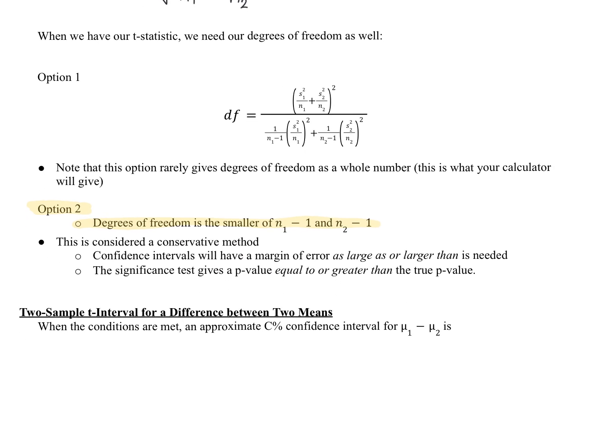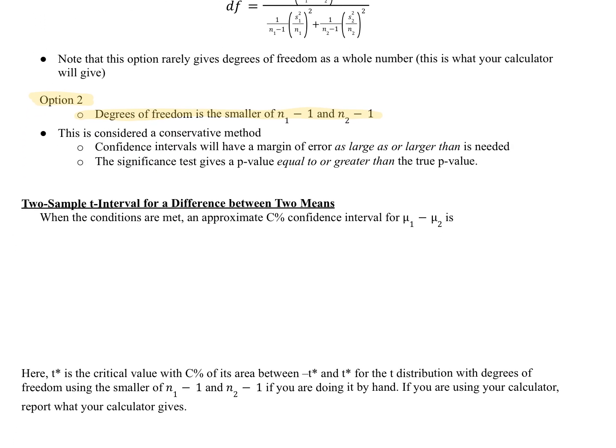Confidence intervals are going to have a margin of error as large or even slightly larger than is needed. And then our p-value ends up slightly bigger than the true p-value. But again, not enough to where it's going to cause major issues.